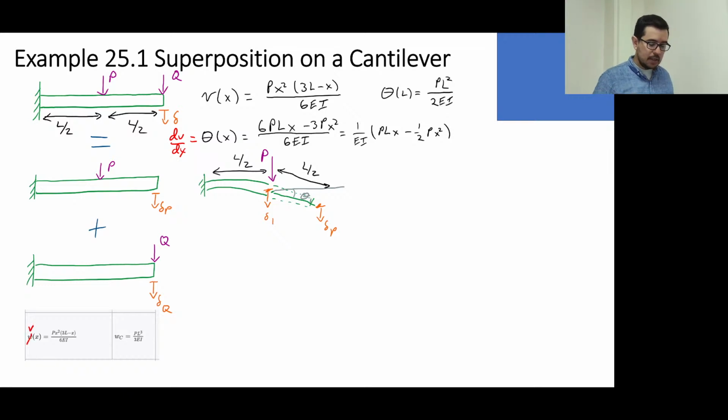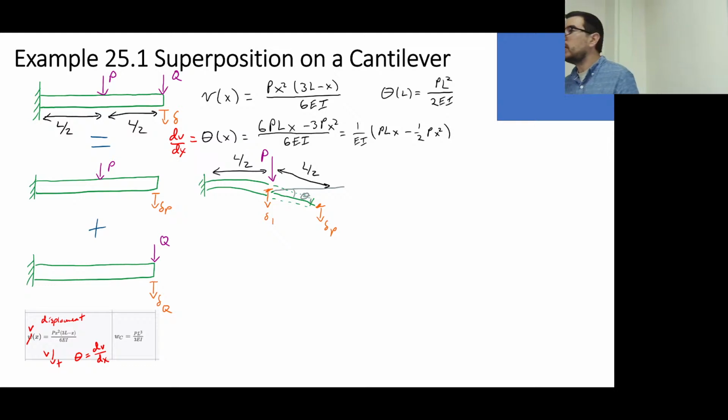Remember that in this case, little v going down is positive. This is displacement. So theta is going to be equal to dv/dx. Any questions on that?